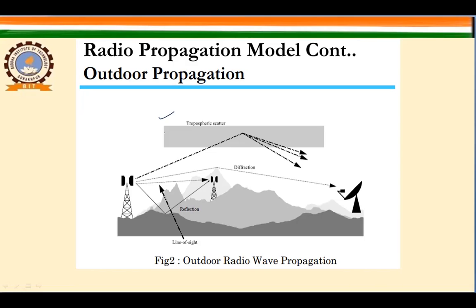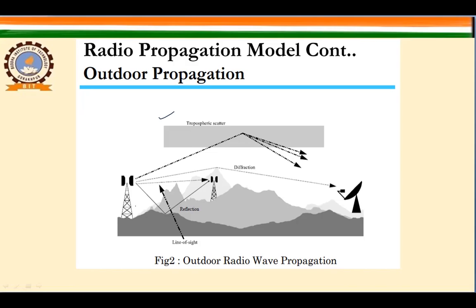The waves strike this region, and the atmospheric molecules, atoms, and ions scatter them, so one wave is split into multiple components of the wave signal, and they approach towards the receiver end.